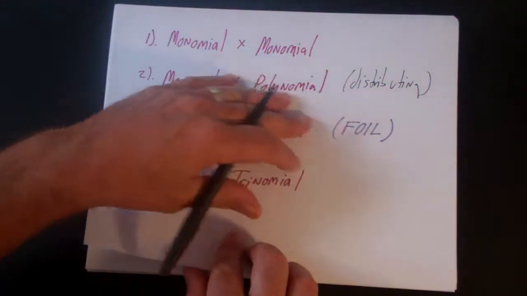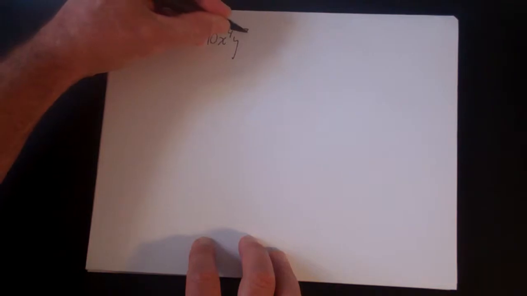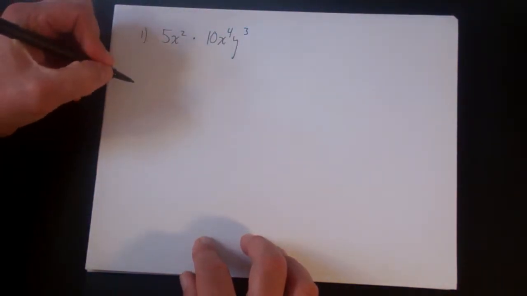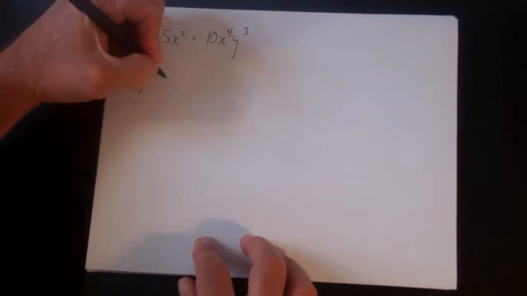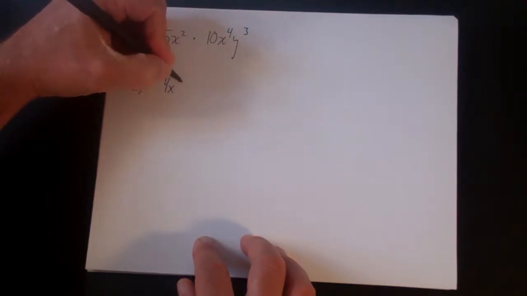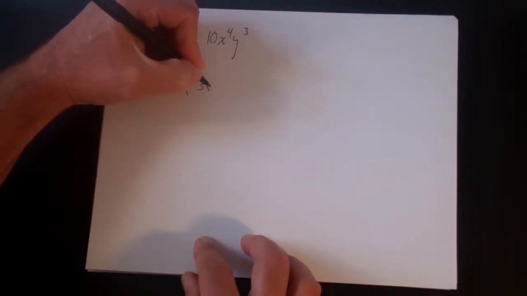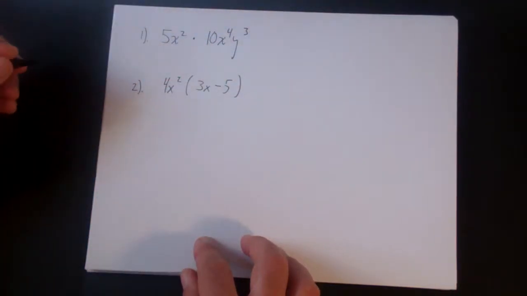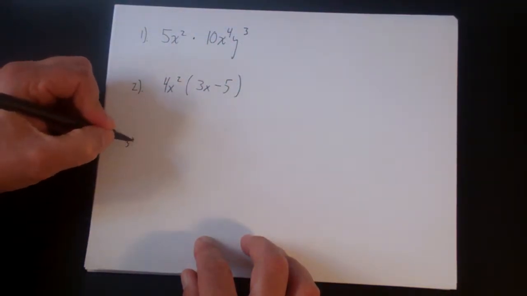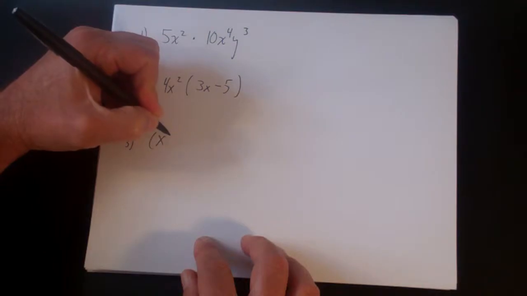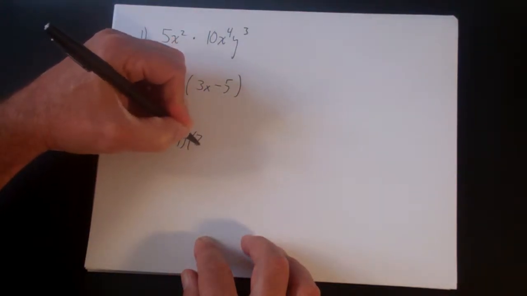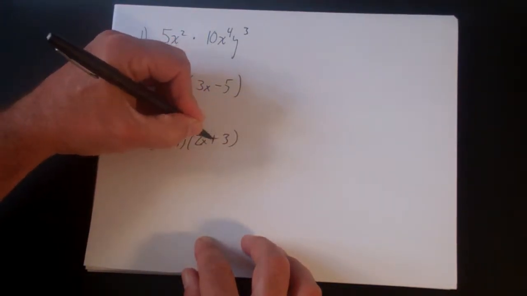Actually, rather than looking at all these terms, let's just look at an example of each. The first example we're going to look at, 5x squared times 10x to the fourth y to the third. The second example we're going to look at, 4x squared times 3x minus 5. The third, x plus 7 times 2x plus 3.